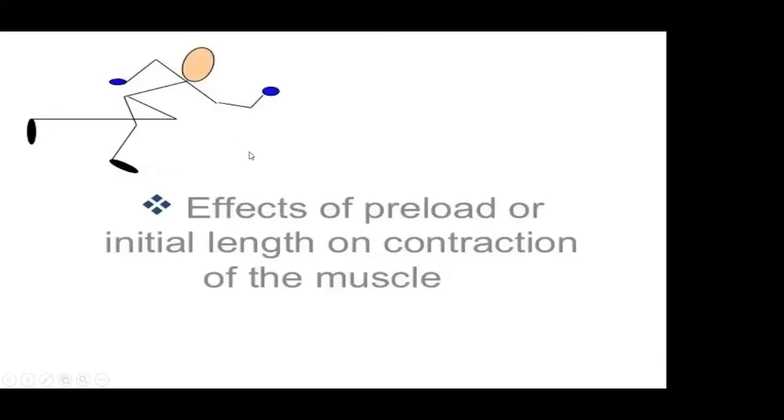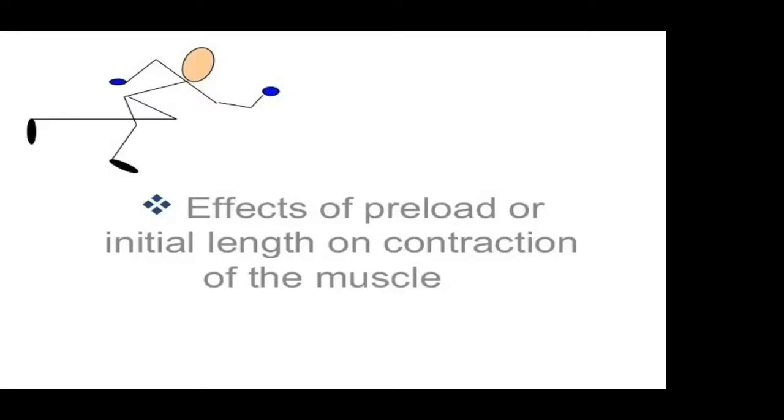myosin filaments. We know, greater the initial length of the muscle fiber, greater will be the force of contraction within physiological limits. That is Starling's law. So the preload starts acting on the muscle before the muscle has its contraction.